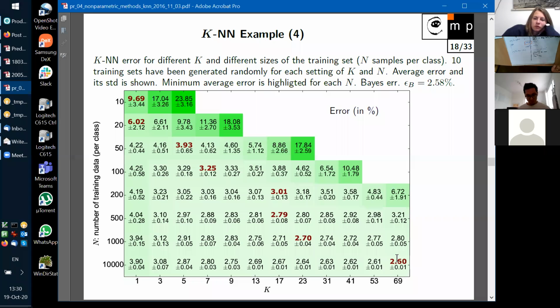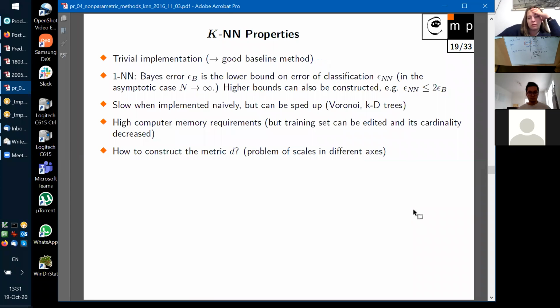This is somehow surprising, because if your n goes to infinity, for instance, through maximum likelihood estimate, you can estimate correctly the parameters of the distributions if you know the parametric form, and then you will get the error equal to the Bayesian error. But here there is some gap, and that will be explained.